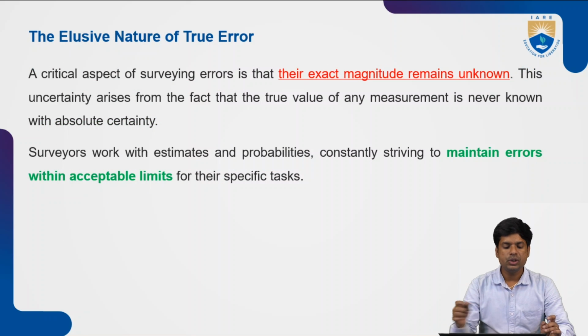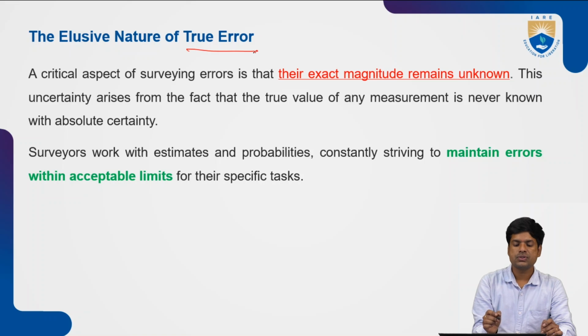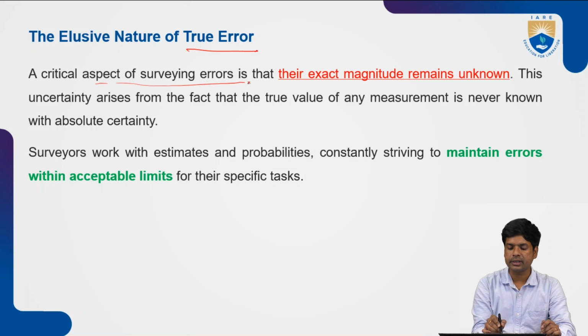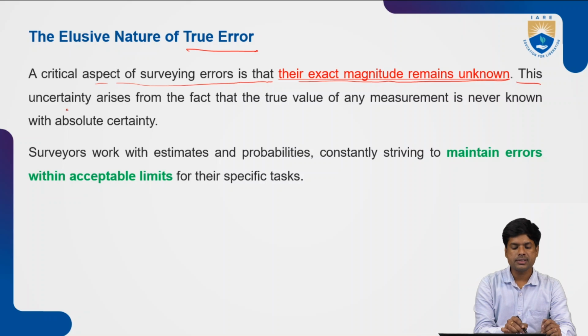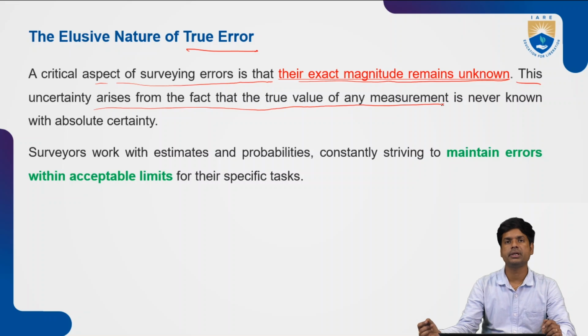Next one, the elusive nature of true error. So what is true error and how does it behave? It is very difficult. A critical aspect of surveying error is that their exact magnitude remains unknown. Whatever area we are going to survey, we cannot know the exact magnitude, and this uncertainty arises from the fact that the true value of any measurement is never known with absolute certainty.